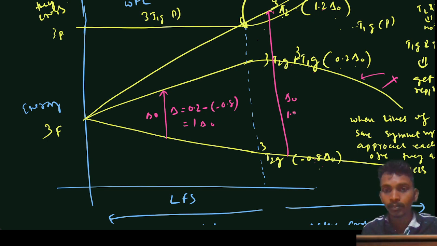If I do 1.2 delta naughts, subtracting minus 0.8 delta naughts, then this is going to be 1.2 delta naughts plus 0.8 delta naughts. That is going to be 0.2 delta naughts. So we should get 0.1 delta naughts.